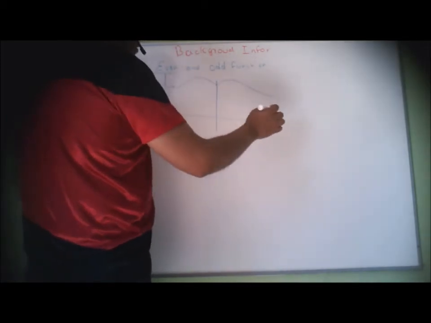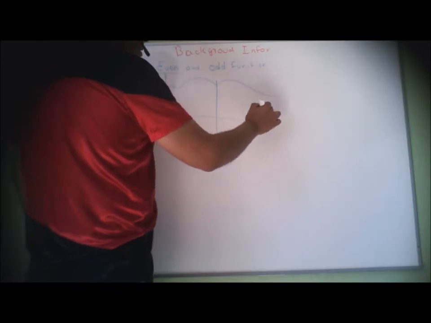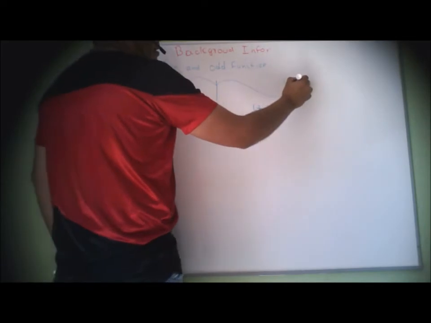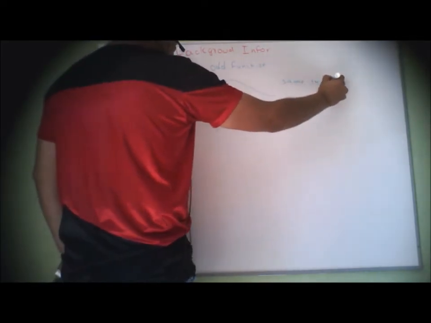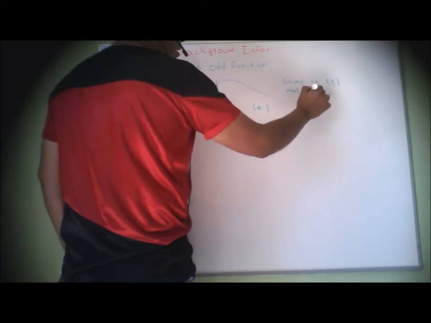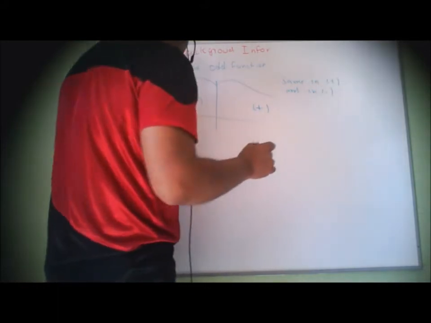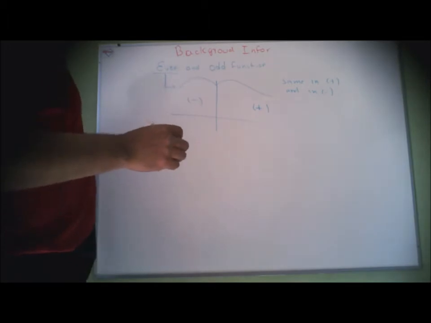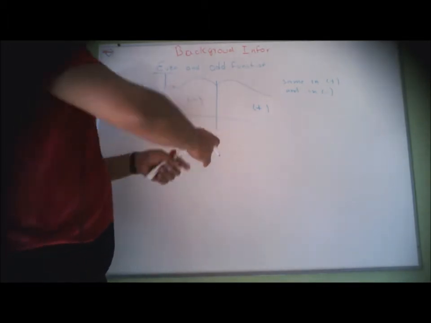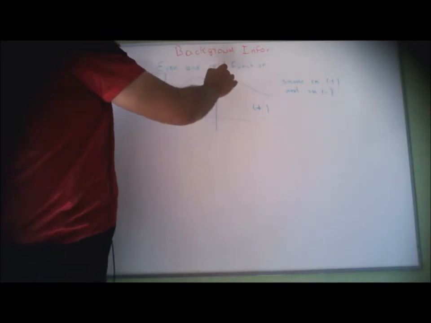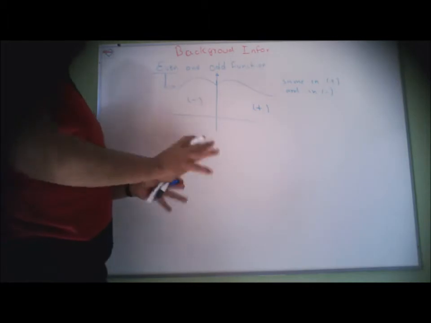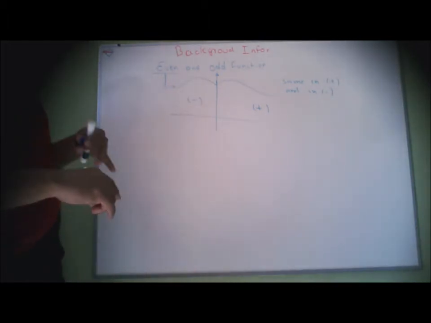So what happens on the positive side happens the same in the negative side. Alright? So that is an even function. So it doesn't matter if it is positive or negative. According to the y-axis, the right side and the left side happen to be just the same. Okay, they have the same behavior.